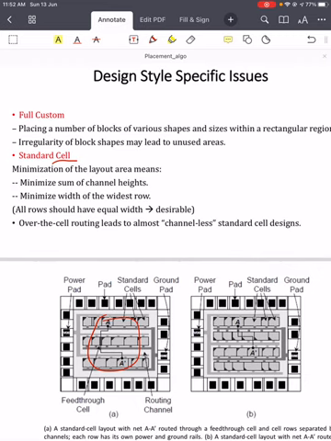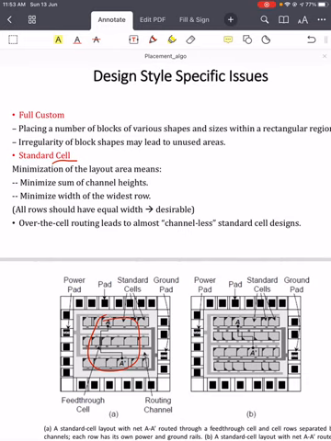It is also desirable that the widths of all the rows be more or less equal, so placement also takes care of minimizing the width of the widest row.